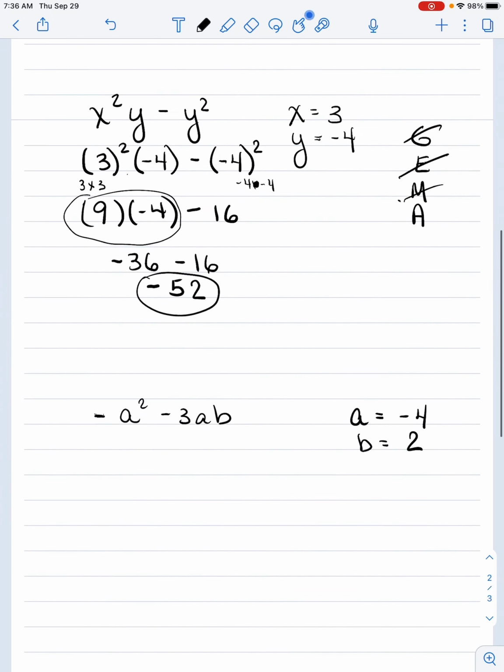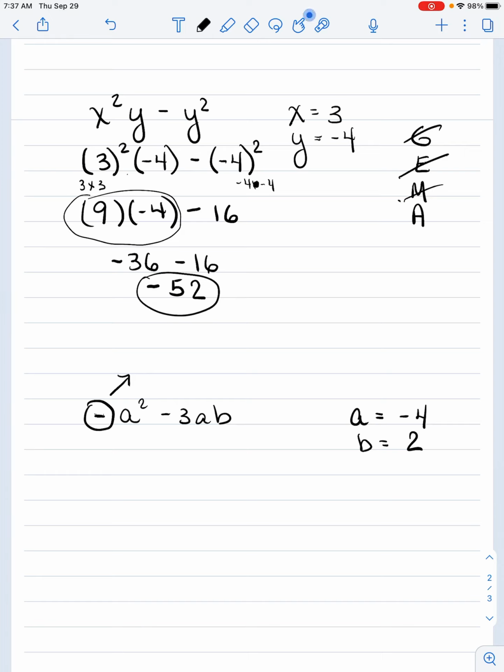Now let's go to our last example. Okay, so now, do you see that the negative sign is not in the parentheses with the A? What does that mean? That means that I am taking the opposite. A negative sign means a couple of things. It could mean subtraction.